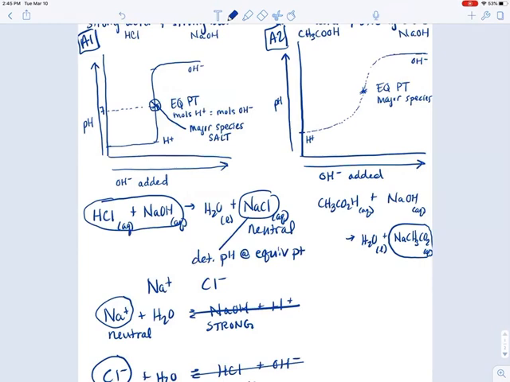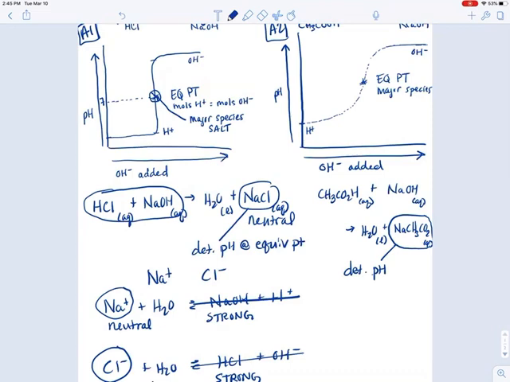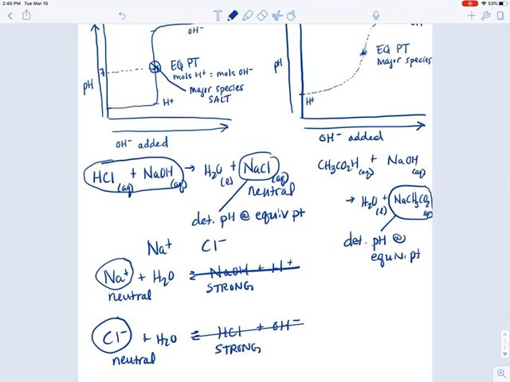So we would determine that pH the same way we did. This is the compound that determines the pH at the equivalence point. It's the salt. And we would decide whether it's acidic, basic, or neutral the same way we did the other salt.